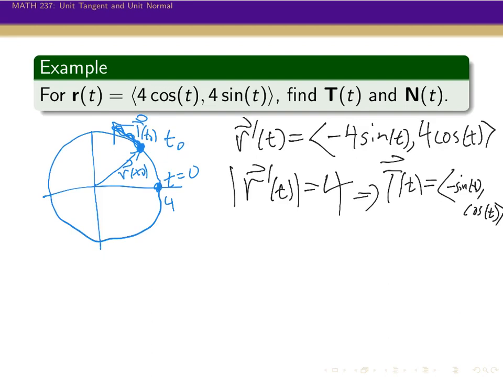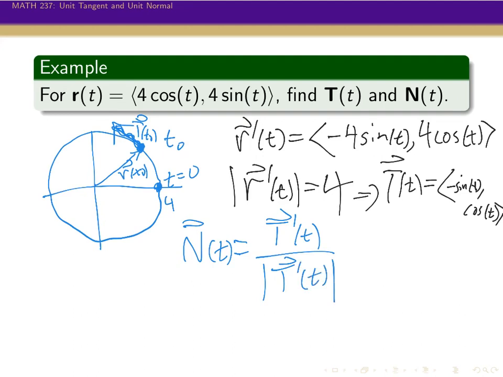What then is the unit normal vector going to look like? Well, to get the unit normal vector, this is the derivative of the unit tangent vector divided by its magnitude. Okay, so if we take the derivative of T of t, T prime of t is going to be the derivative of minus sine, which is minus cosine.